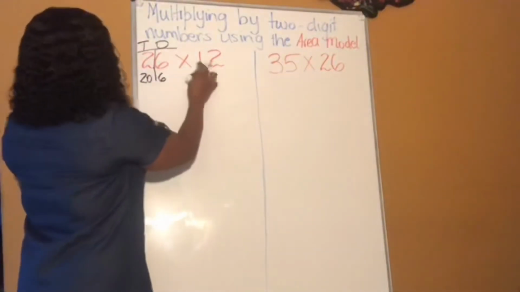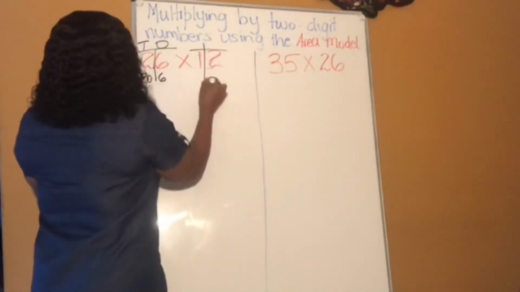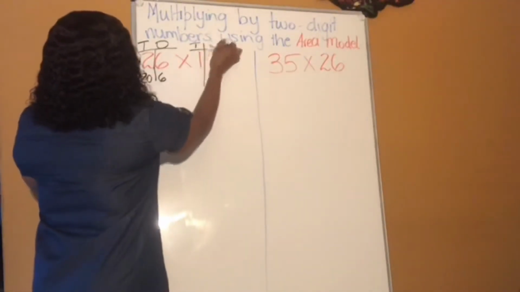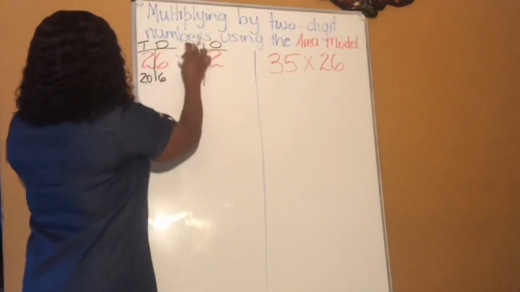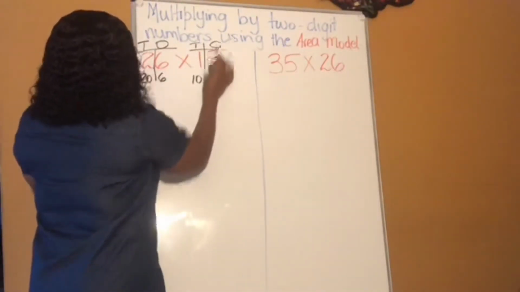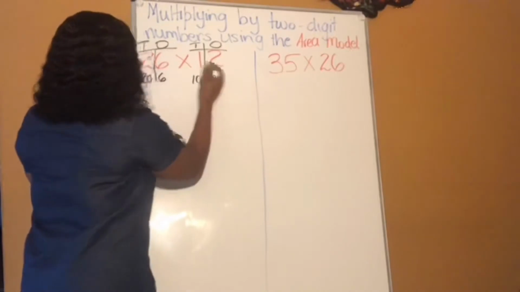Over here, we have 12, which is 1 ten and 2 ones. 1 ten is 10, and 2 ones is still 2.